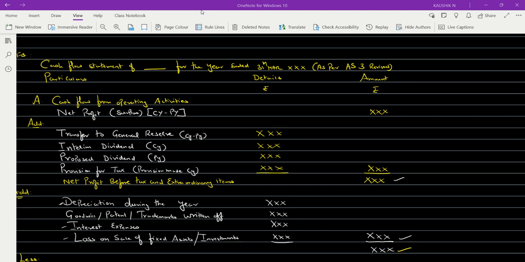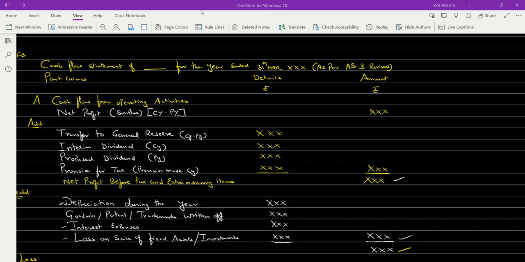We have already shown it. If you see your operating activity, you can find it: loss on sale of fixed assets, and here you have gain on sale of fixed assets or investment. So that is already taken to operating activity.